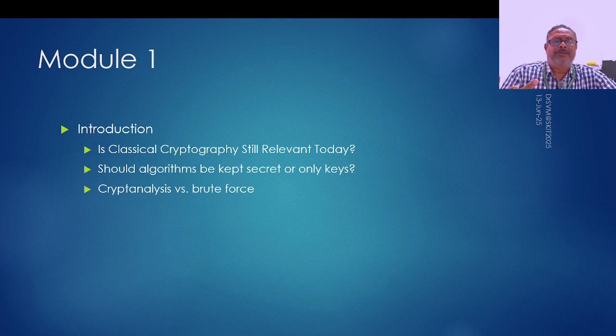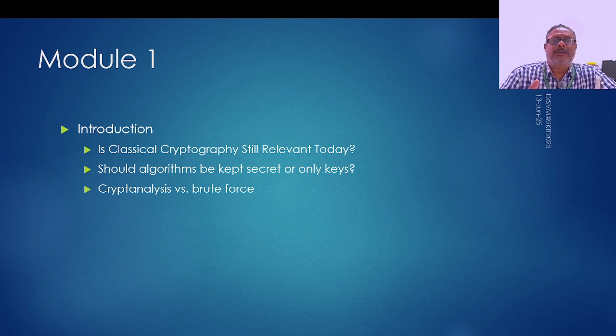So the question is, should we keep both things secret, the algorithm as well as the key? Then we realize that if the key is kept secret, almost everything of the security can be achieved. Then we can keep the algorithm in the public domain, so anybody can understand what algorithm is being used.